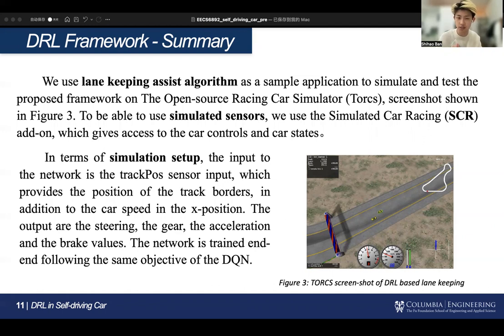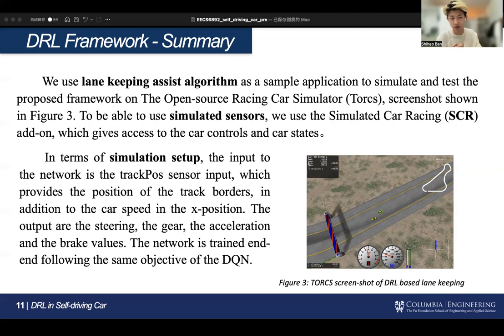In terms of simulation setup, the input to the network is the track position sensor input, which provides the position of the track border, in addition to the car speed and position. The outputs are the steering, the gear, the acceleration, and the brake values. The network is trained end-to-end following the same objective of DQN. So this is the whole summary.